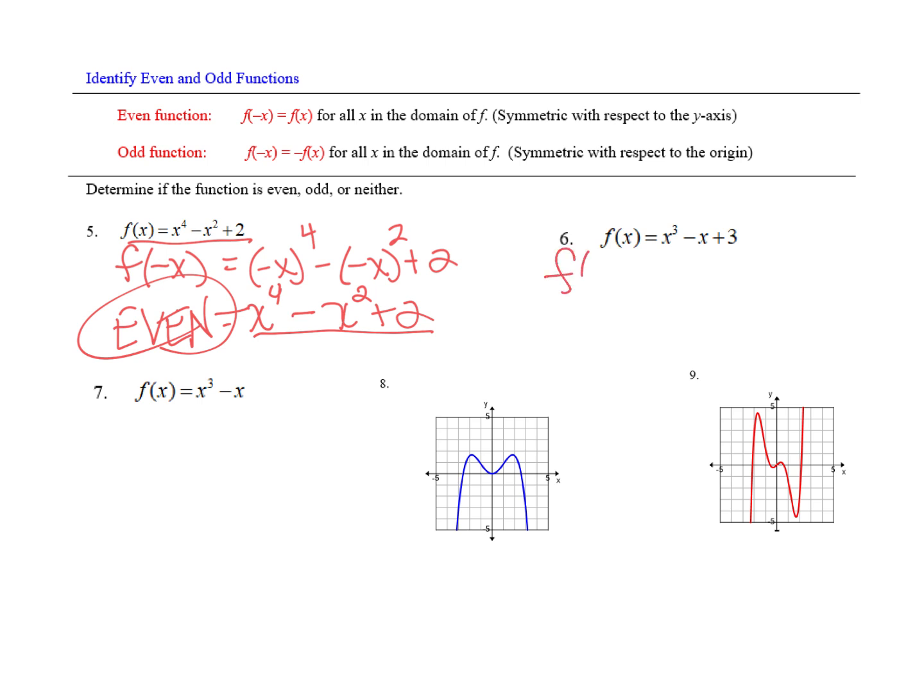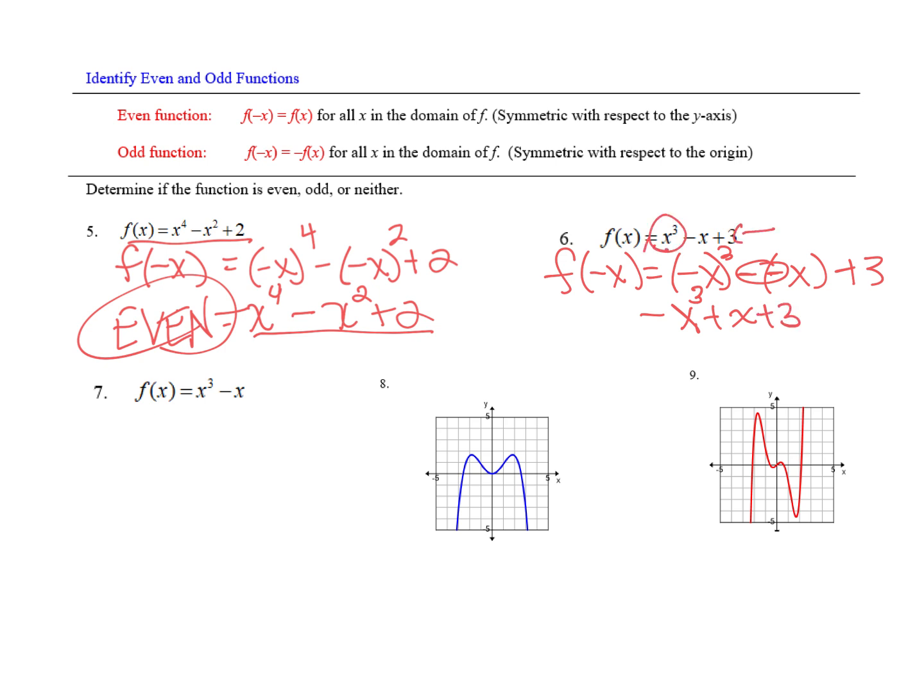All right, let's do another one. So f of negative x equals negative x cubed minus negative x plus 3. Well, again, negative x cubed is going to result in negative x to the 3rd power, because there are 3 negatives. That's going to leave it negative. And then minus a negative here creates a plus x. And then I don't have anything to multiply there, so plus 3. Now compare that to the original.